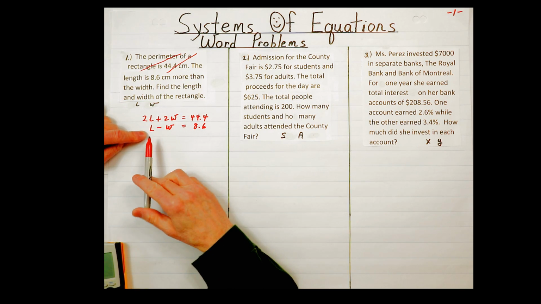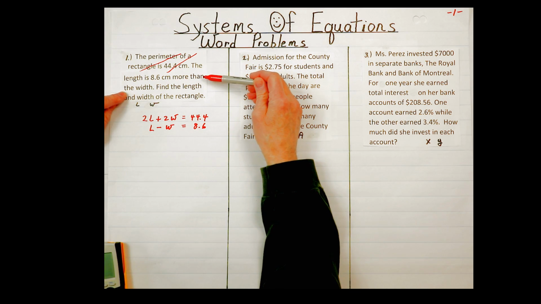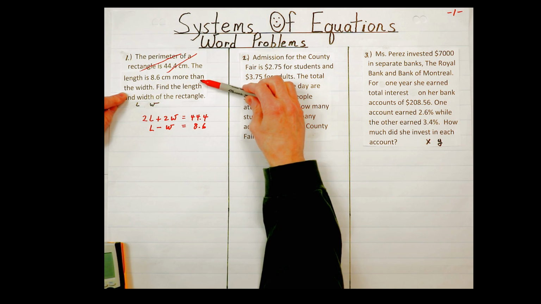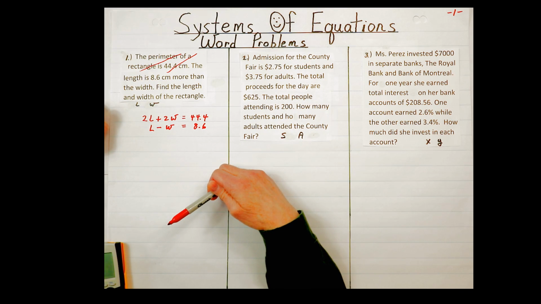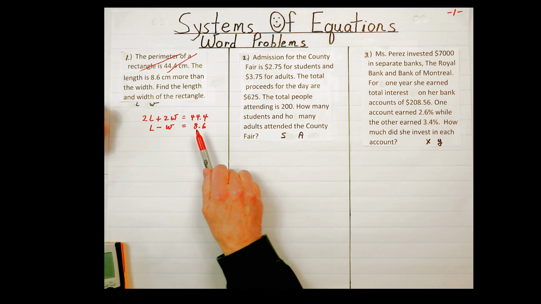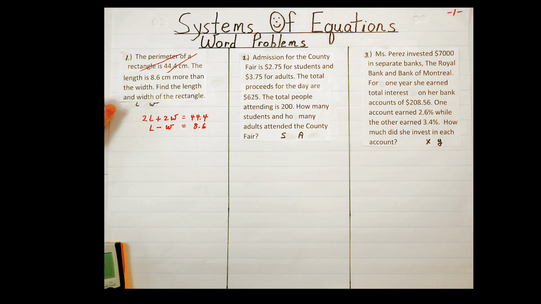All right, let me say that again. The length is 8.6 centimeters more than the width. So what that really means is if you take the length and subtract the width, you get 8.6. Now I find that to be a more straightforward way of doing it. You can write it another way if you want to, but this is just my favorite way.